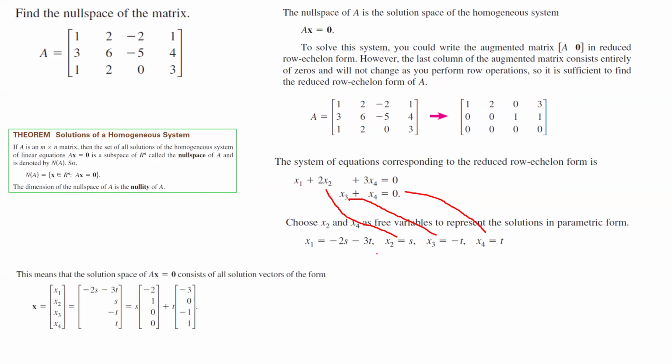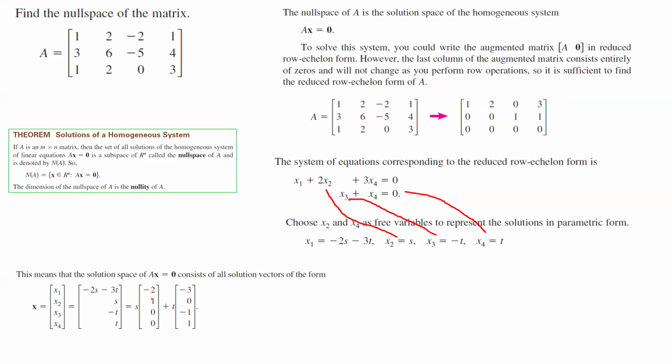But what's the meaning of that? This means that the solution space of AX equal to 0 consists of all solution vectors of the form: we can replace x1 by negative 2s minus 3t, x2 is s, x3 is negative t, and x4 is t. Well, it basically forms two vectors that are multiplied by s and t.